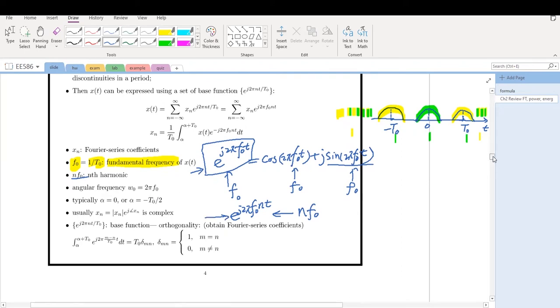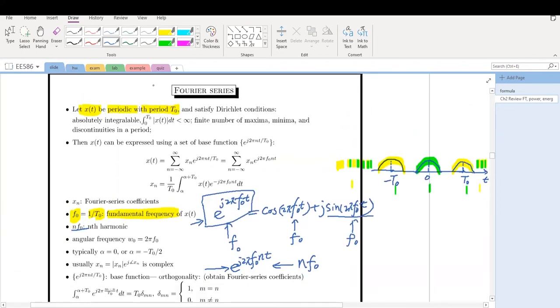Now let's look at the Fourier series. This periodic signal with period T0, in other words, this signal has fundamental frequency of f0. Then this signal can be decomposed as a linear combination of all the harmonics.